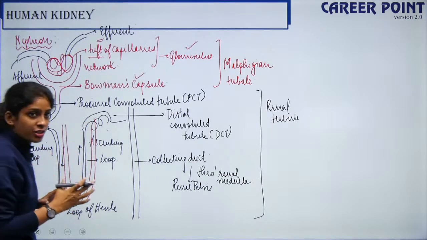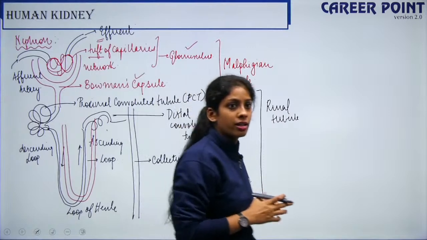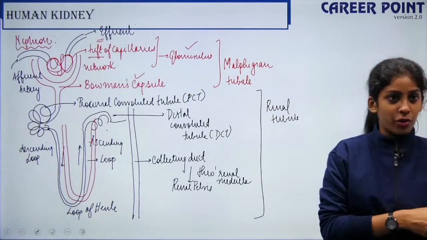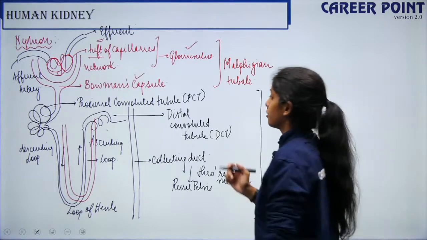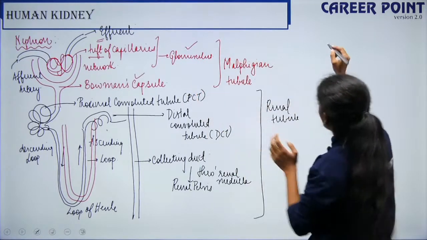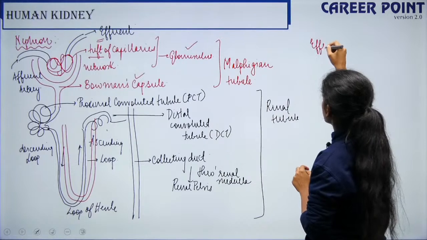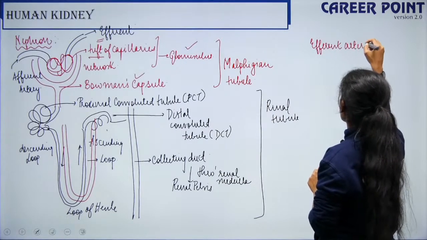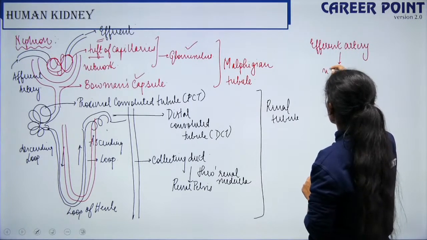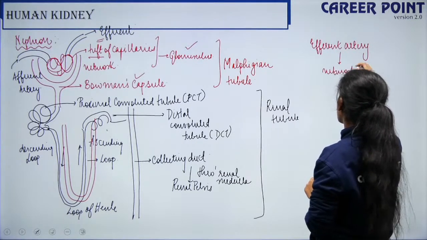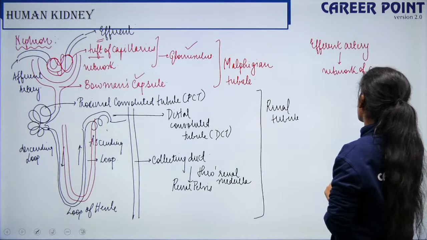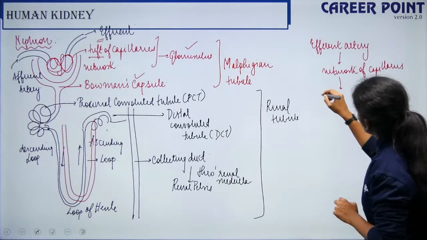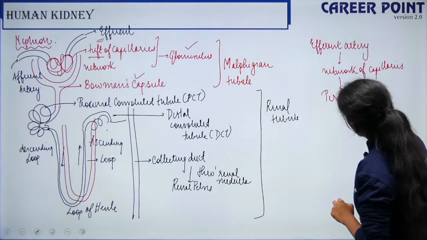So the efferent artery forms a network of capillaries that is known as the peritubular capillaries.